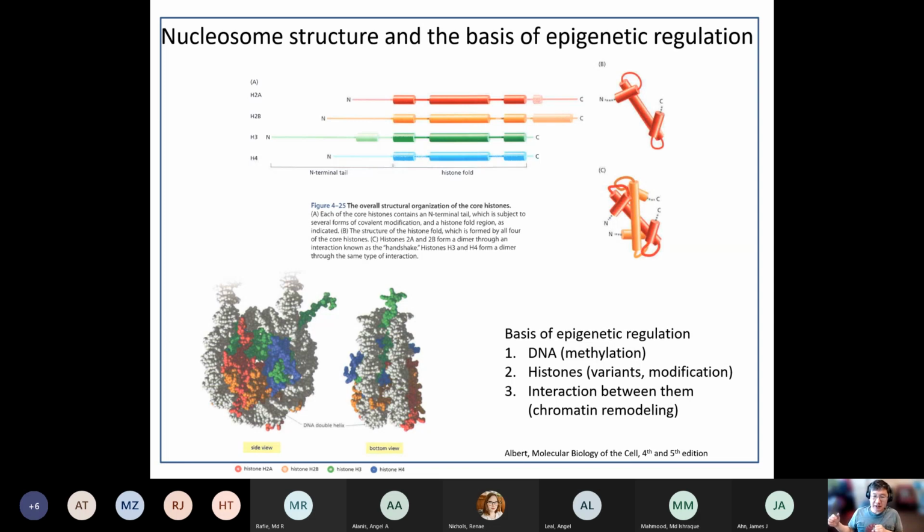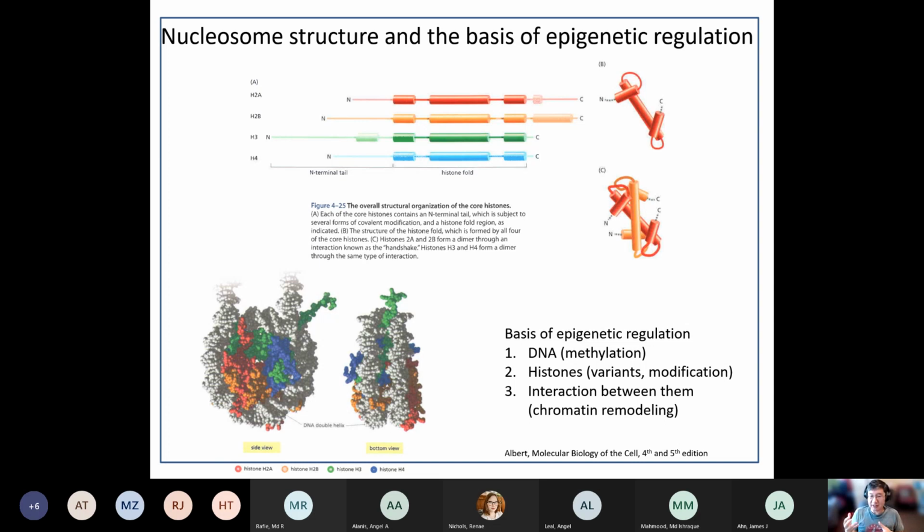So any modification has the potential to mediate some change. A modification could affect how two nucleosomes are associated with each other, because this free floating part may be interacting with the other nucleosome.